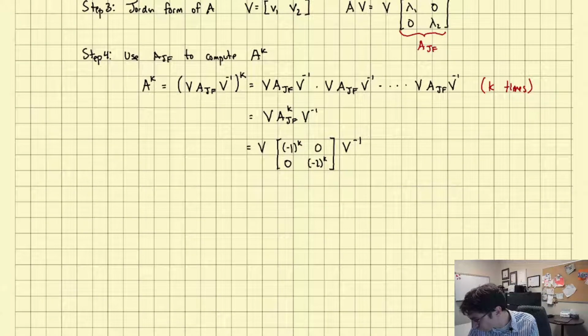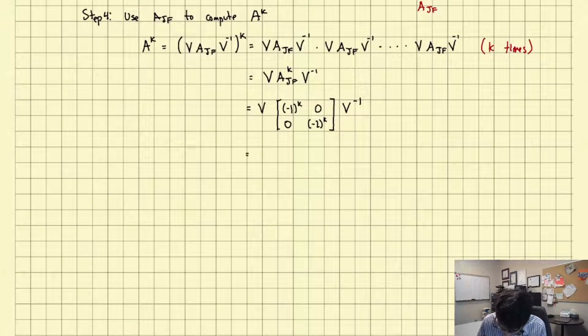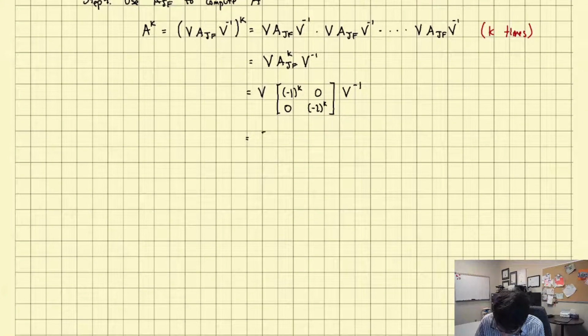So let me be in gory detail. V, of course, was V1 and V2, so it's V1, V2, times this Jordan form to the power of k, and then this inverse.